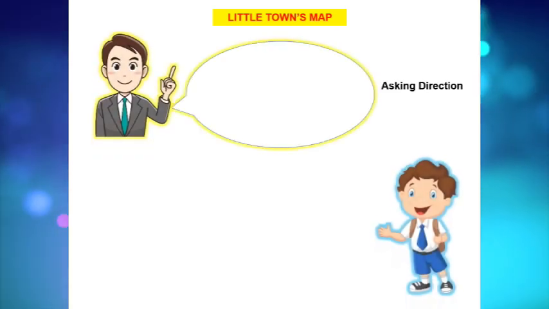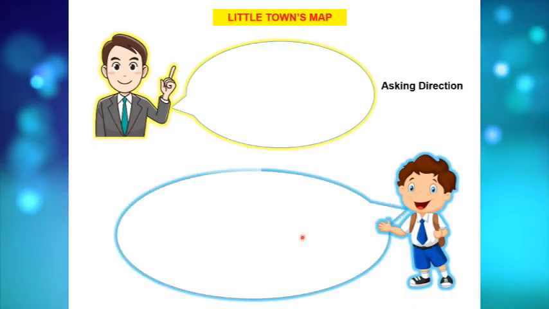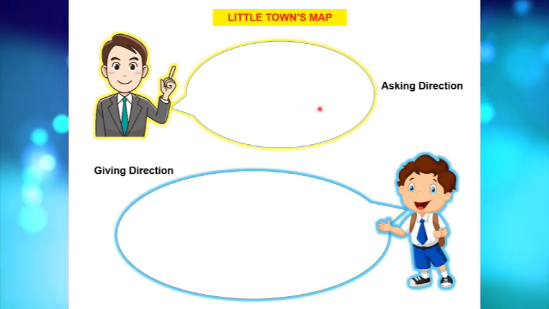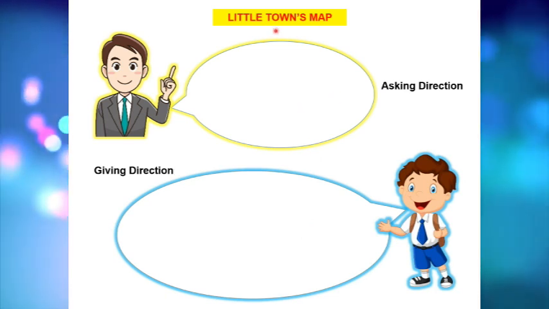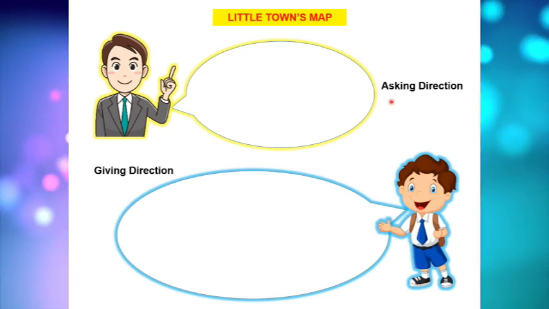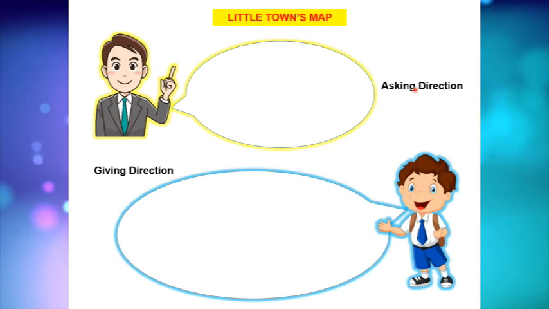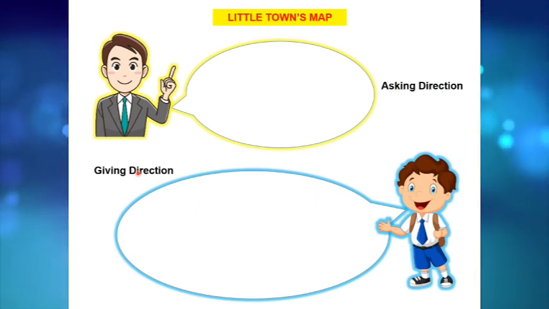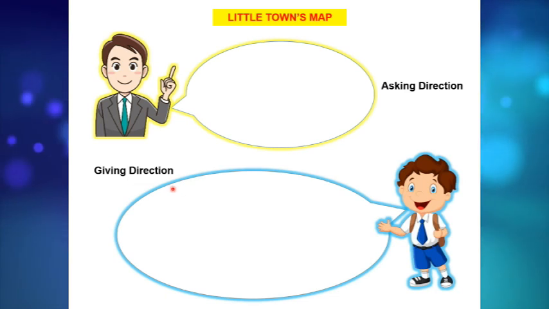So you can do this. You have to draw this in your notebook, and then you have this title, Little Town's Map, and then you will ask the question or ask the direction, and another one will be giving direction.